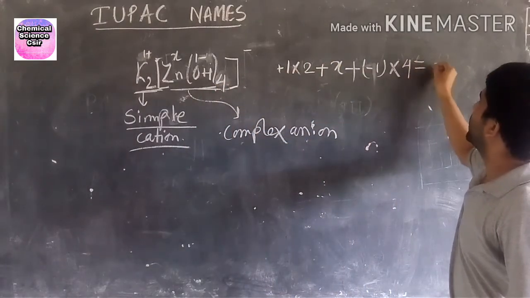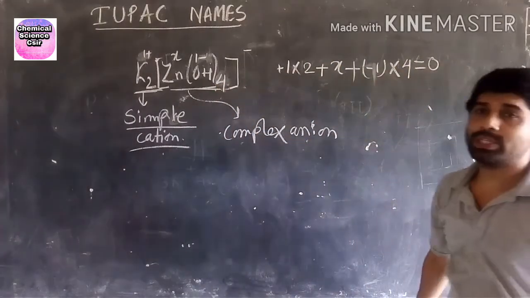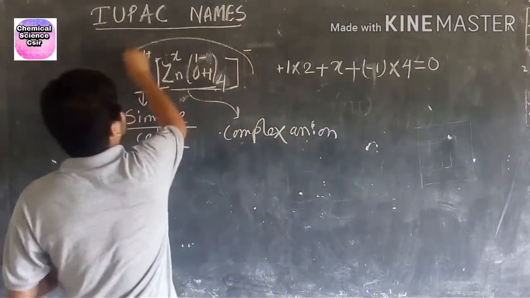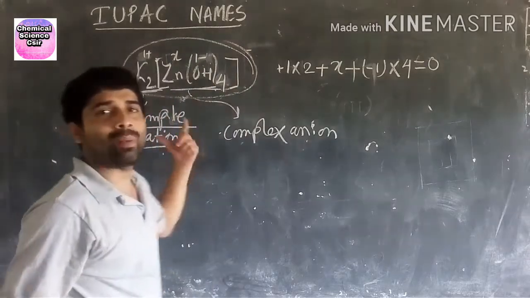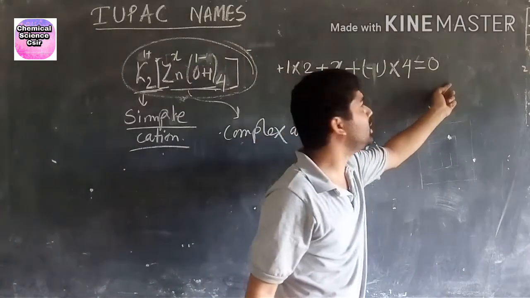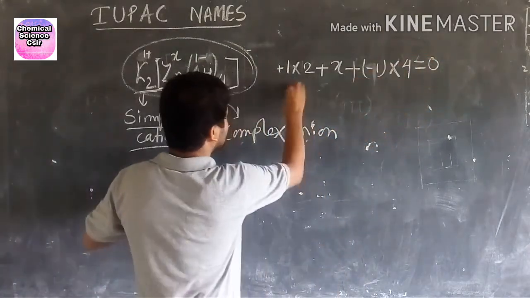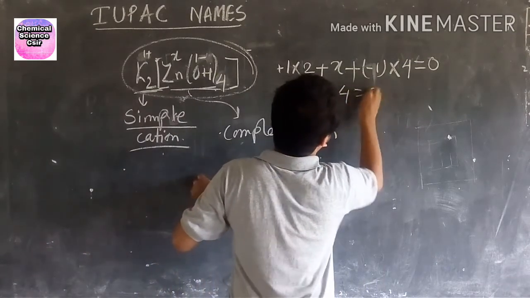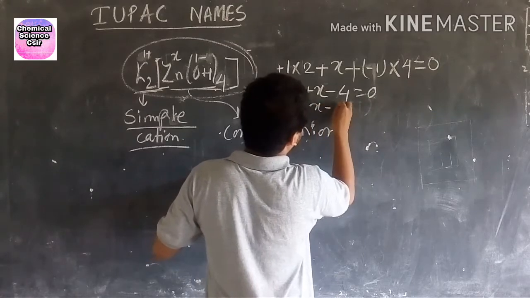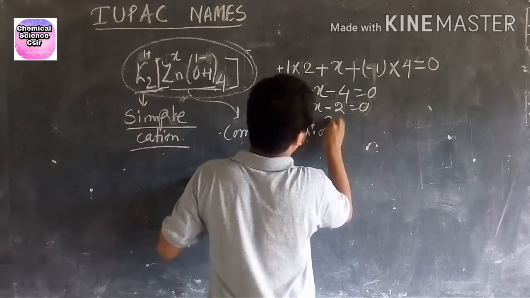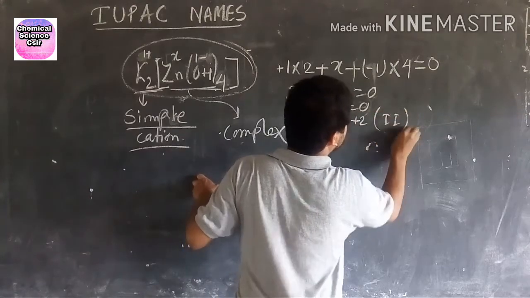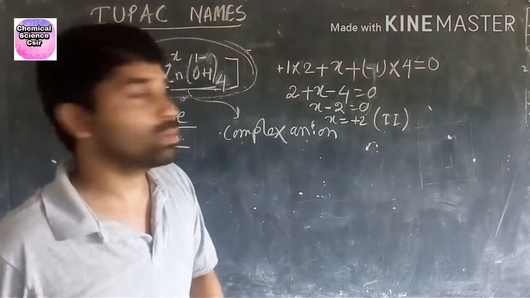The algebraic sum is 0 because this complex is neutral. Then 2 plus X minus 4 equals 0, then X minus 2 equals 0, then X equals +2. You can write it in Roman numerals.